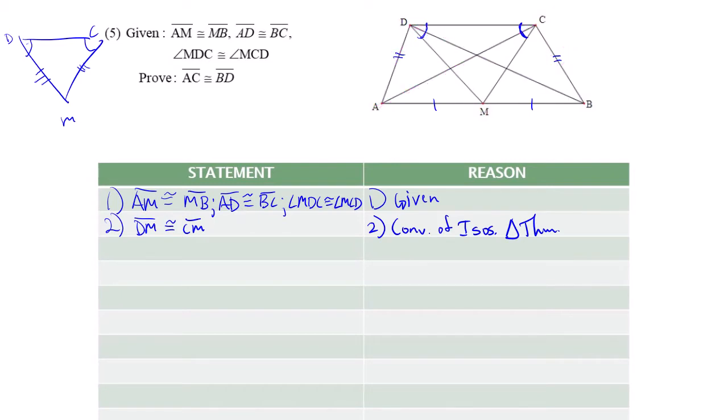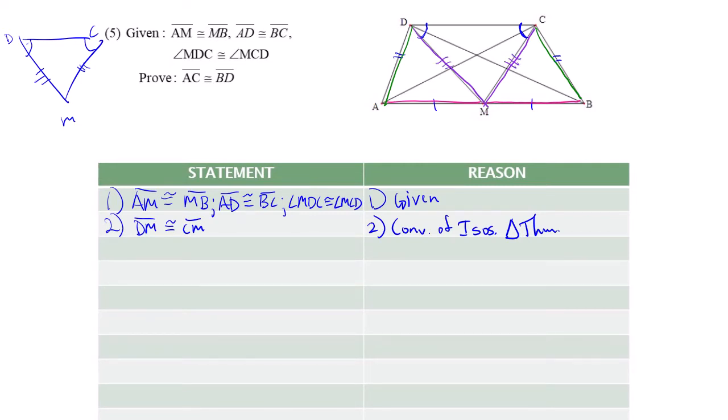All right. So what I'm trying to do now is, I have this side congruent with this side, right? And then we have this side congruent with this side. So what I'm looking at is now we just proved that this side MC, or CM, is congruent with DM, right?